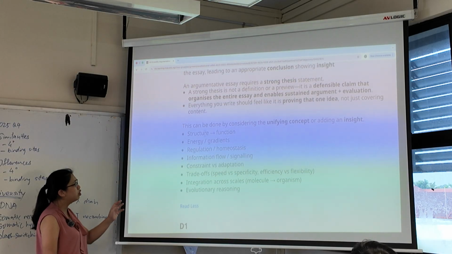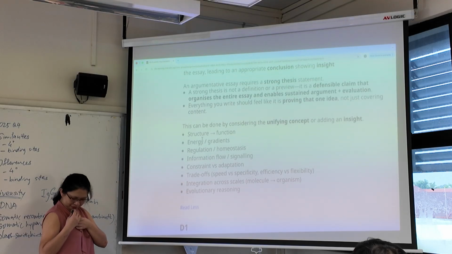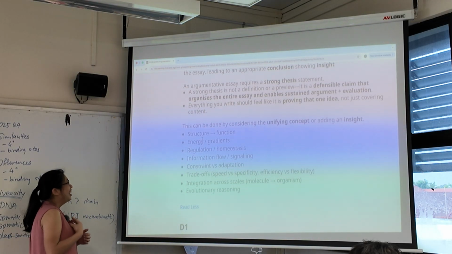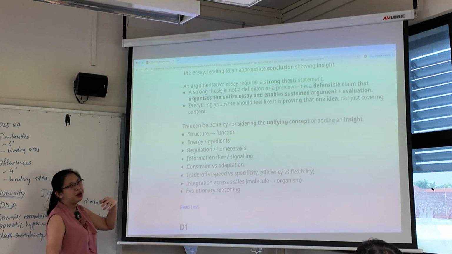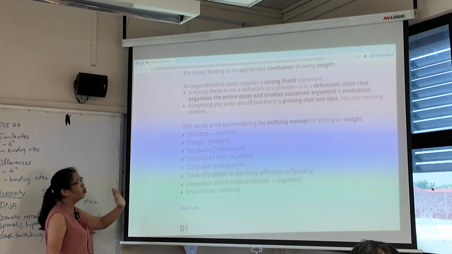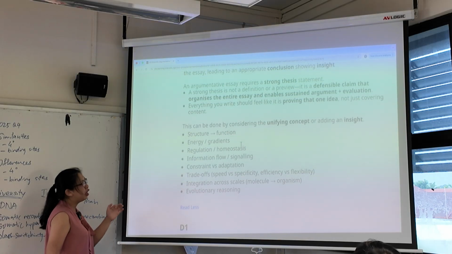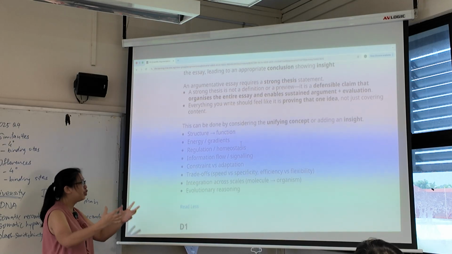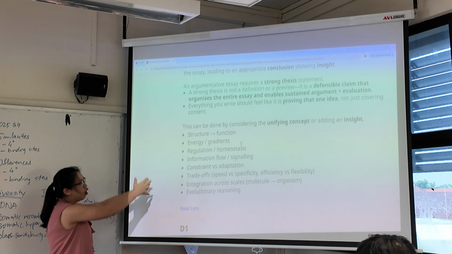So you can talk about structure to function, you can talk about energy gradients, but you need to talk about the significance of these gradients. Or you can talk about homeostasis, etc. So it shouldn't be just the content, but it should be the significance of that function or that ion or that protein in that context.